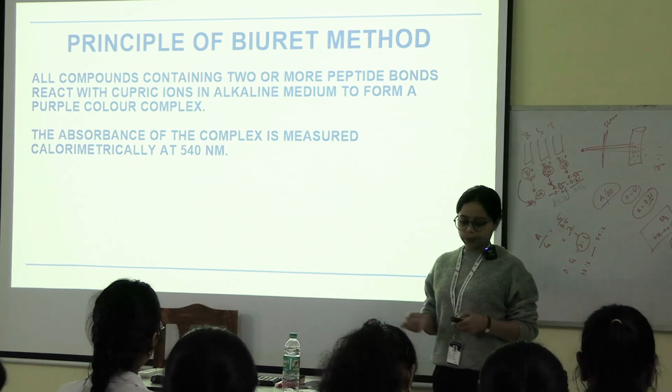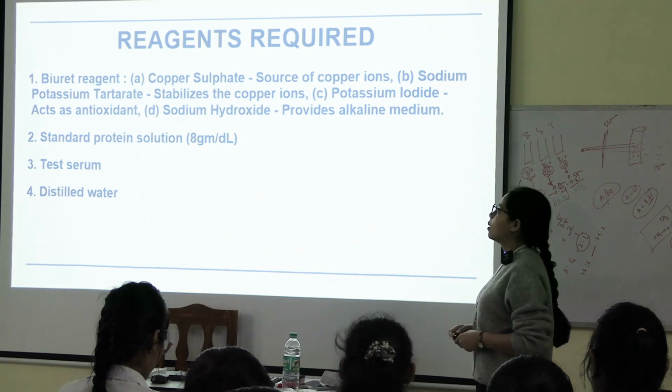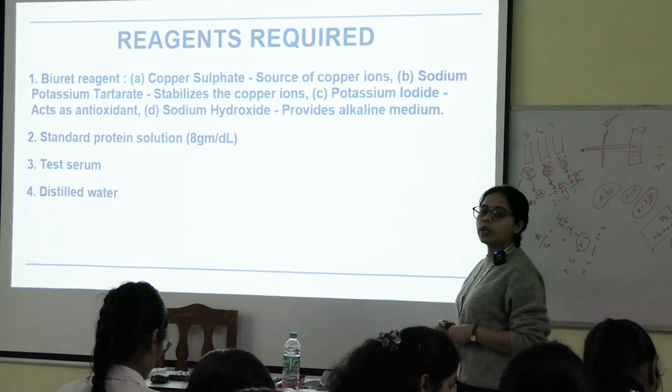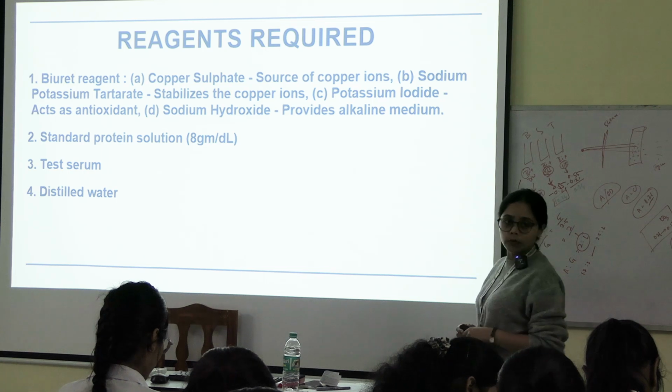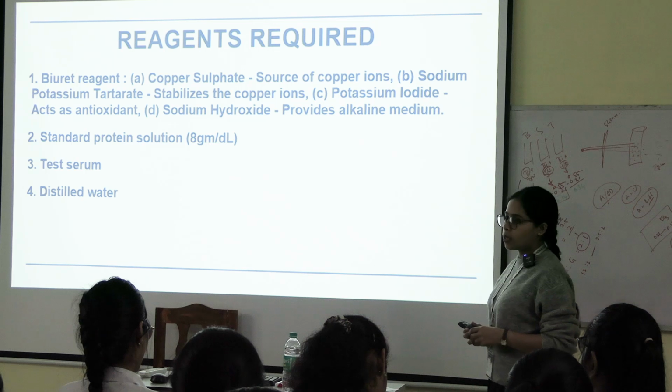Clear with the principle? Now what are the reagents that are required? In the Biuret reagent that we are using, we have copper sulfate, which is the source of copper ions.